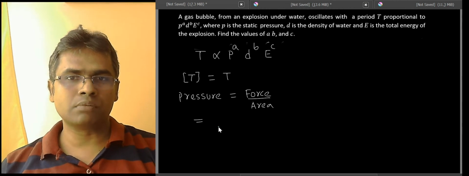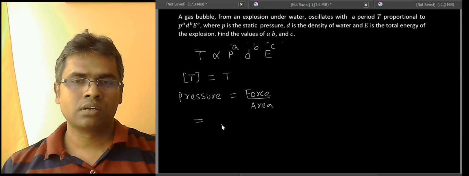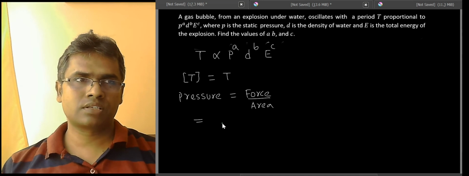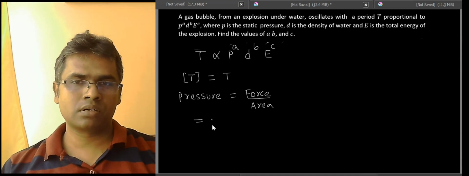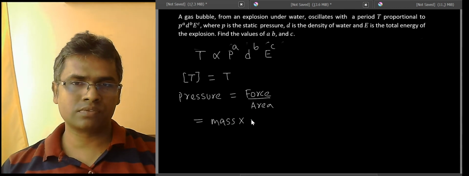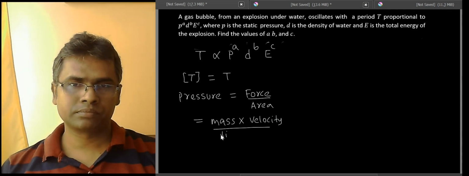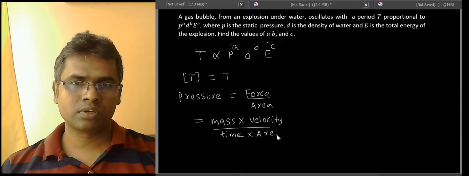So we know force is mass into acceleration, where acceleration is change in velocity over time. But since we are only looking at dimensions, we can write the change in velocity as velocity over time, and we have area.